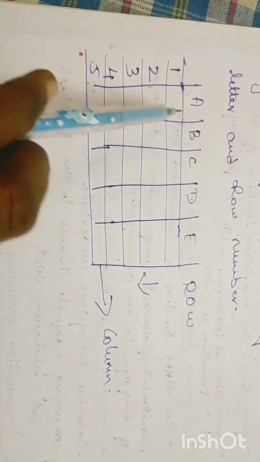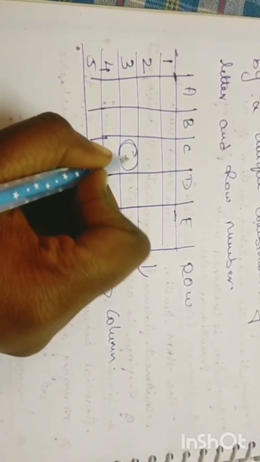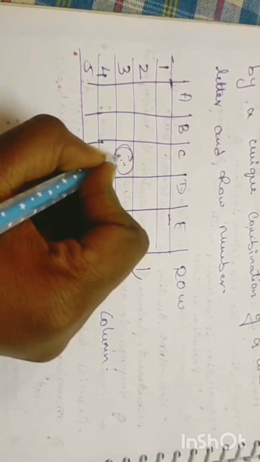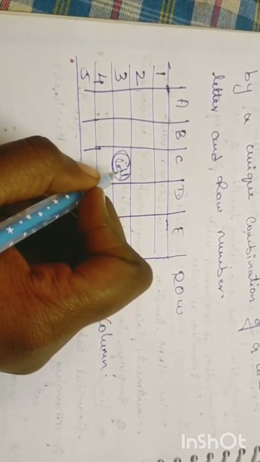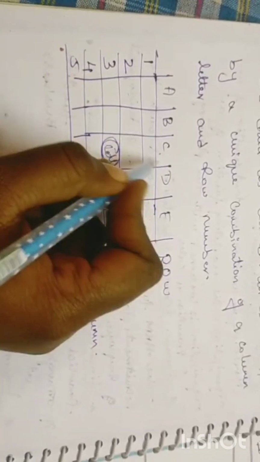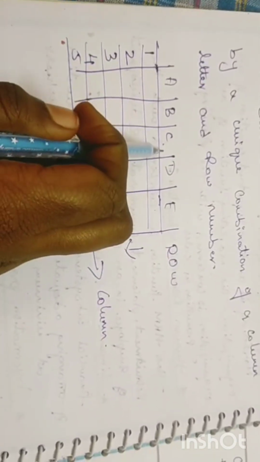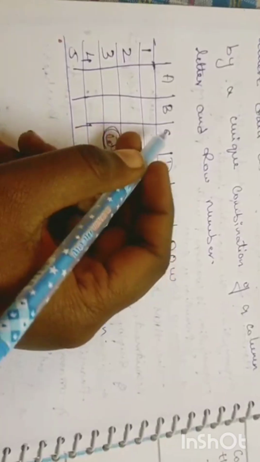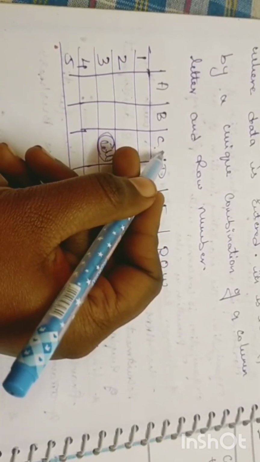See, this is what a basic spreadsheet looks like. This is the column letters, and these are the row numbers. The data we enter here is called a cell. So we mean it is a basic unit in Excel where we enter data, and it is a combination of both column letter and row number.